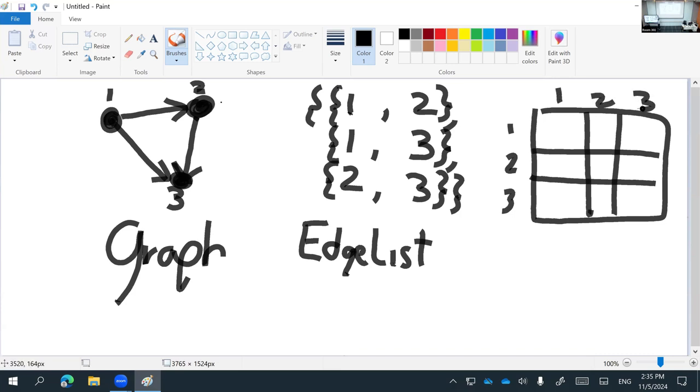Everything is 0 except 1, 2, 1, 3, and 2, 3. Everything else is 0. This thing is called an adjacency matrix.